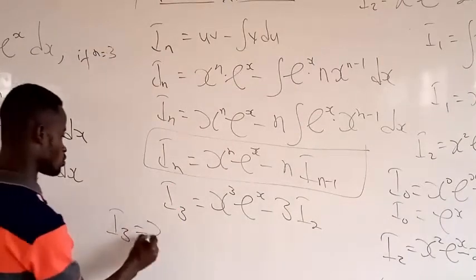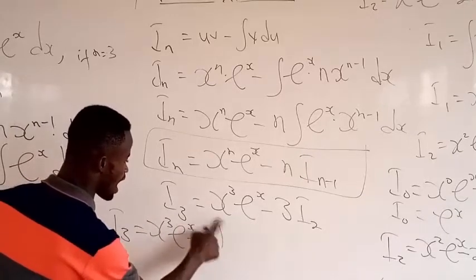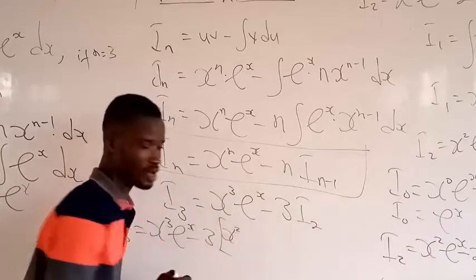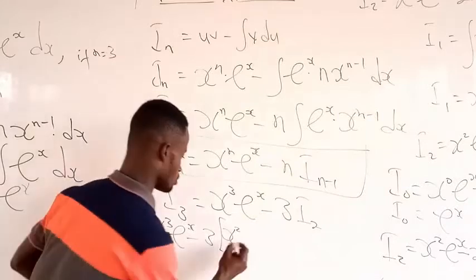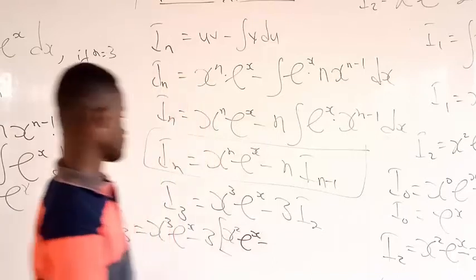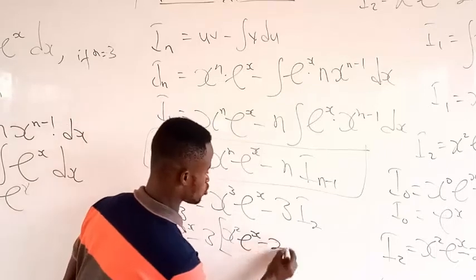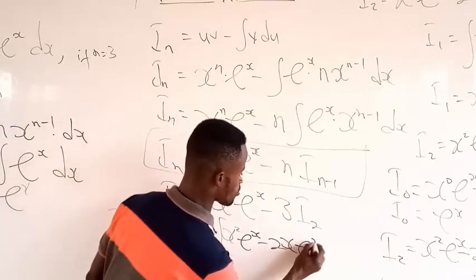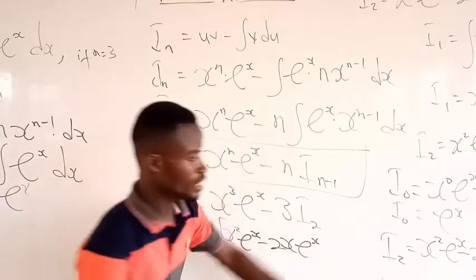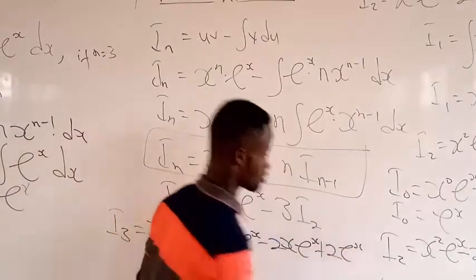I3 is going to be equal to x to the power 3 e raised to the power x minus 3 I2. So you bring the I2: x squared e raised to the power x minus 2x e raised to the power x. Is that 2x? Yeah. Then negative negative positive 2 e power x.